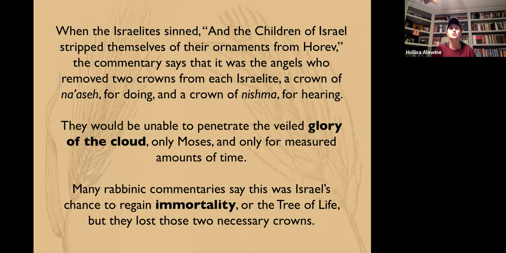If they understood, if this is true, if they were standing at the edge of immortality and being able to return to the tree of life while still on this earth, had they really understood that, would they have transgressed? Would they have settled for a golden calf that, like with Adam and Eve, now you've got to settle for this physical life.